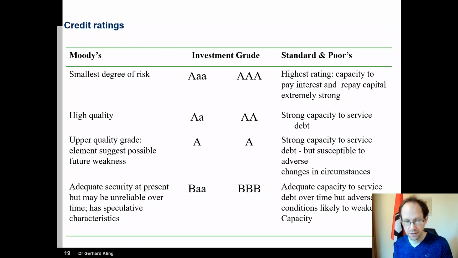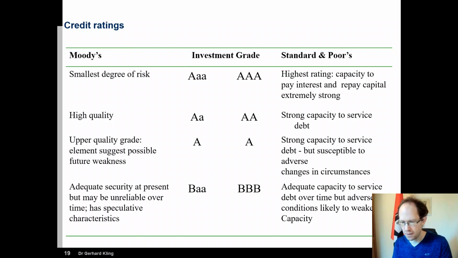Now, you have definitely seen bond ratings before. Bond ratings are used to classify the risk of bonds. The focus is on default risk, which is the main risk you bear as a bondholder. There are different rating agencies. I just put here the Moody's ratings and Standard & Poor's, so these are the two largest ones.